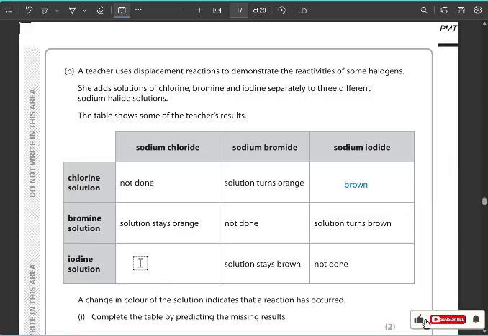And next one, sodium chloride with iodine solution. No reaction occurs because chlorine is much more reactive than iodine.